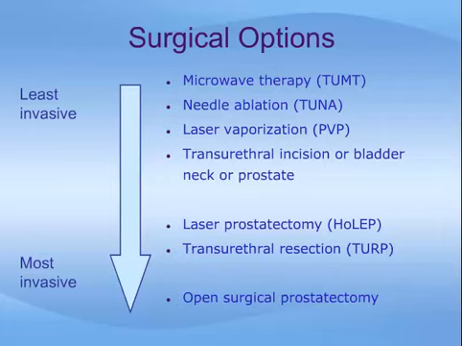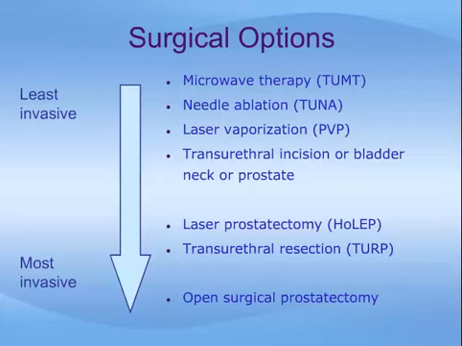More aggressive surgeries that can be done through a cystoscope include the laser prostatectomy, properly called a holmium laser enucleation of the prostate, or HOLEP, and the classic operation called a transurethral resection of the prostate, also called a TURP or Tupper. Very, very rarely performed is an open surgical removal of all or part of the prostate.